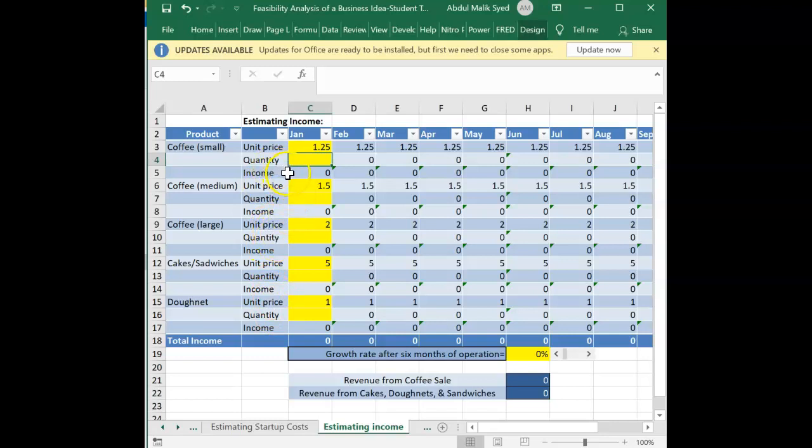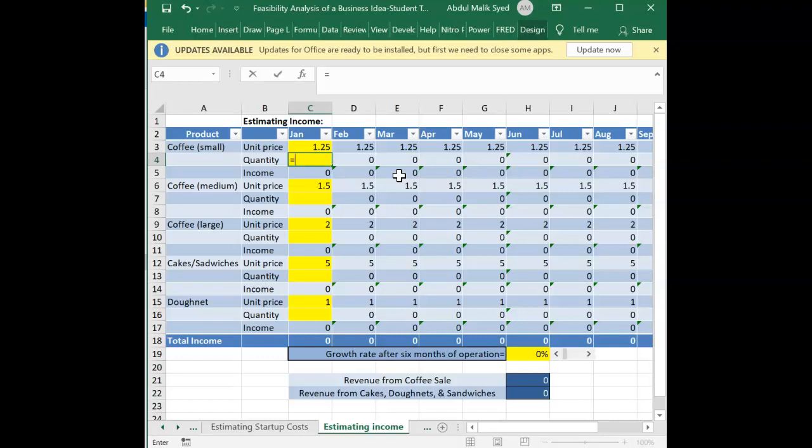And then you have to project how much will be your estimated sales during the first operation year, and then after 6 months what will be the sales, right? So let's assume that the quantity which we'll be selling per day is around 50, right? And then suppose we are open for 30 days in a month, so 30 into 5 is how much?